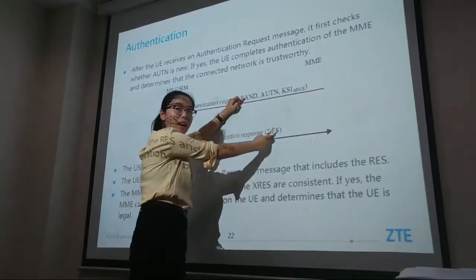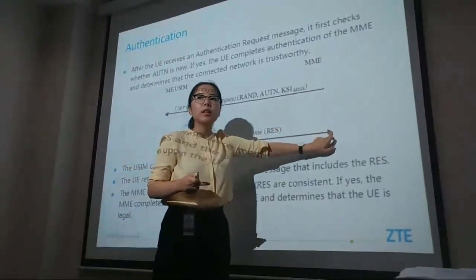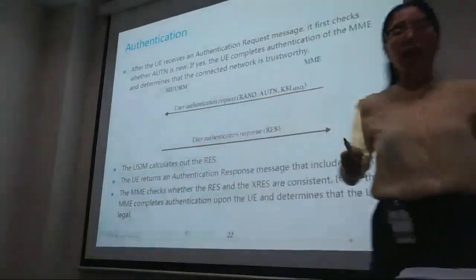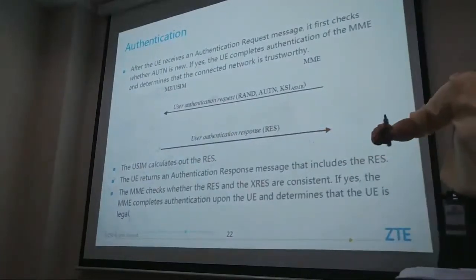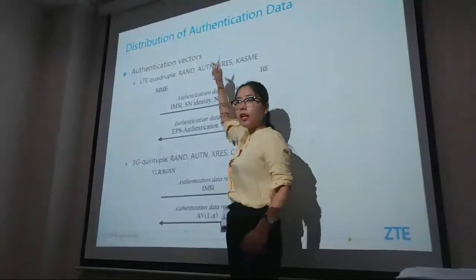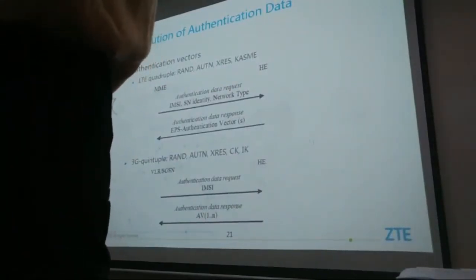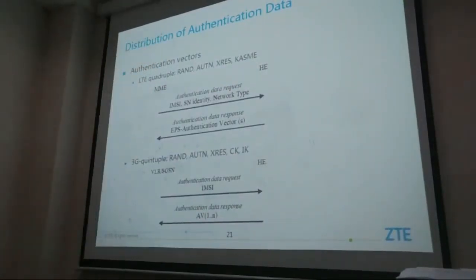It will report this value to the MME. The MME will compare the RES with the XRES. If these two values are the same, that means the UE is normal. This is authentication. So now we authenticate each other, both sides are normal.